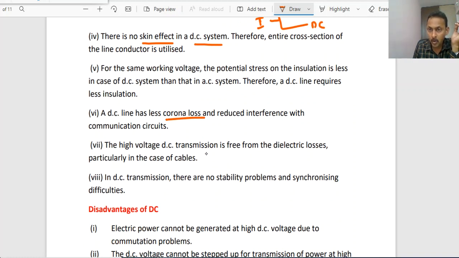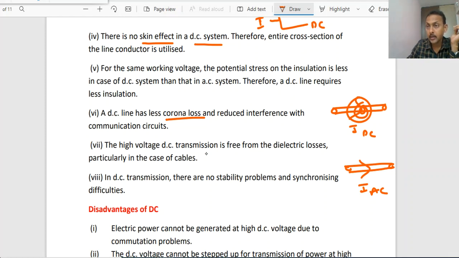For the same amount of power, whether the current flowing is DC or AC, the surrounding air around the conductor will get ionized. Around this conductor, which is open to air, air molecules will be there. Because of the high current flow, the particles surrounding the conductor will get ionized.